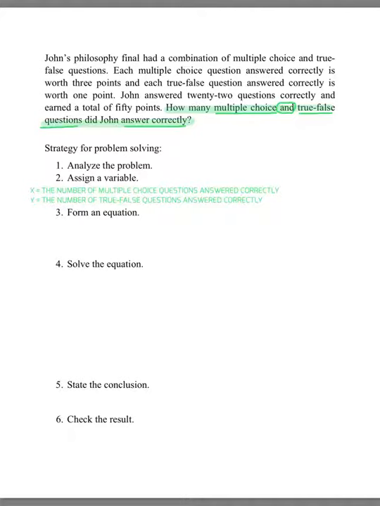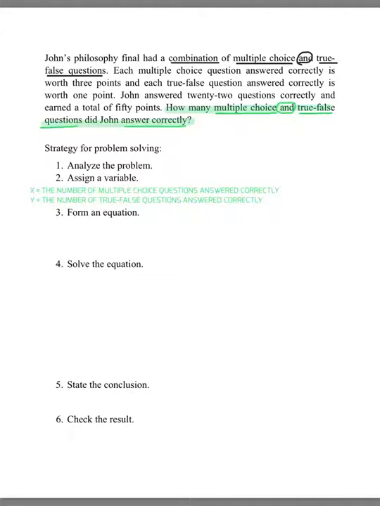Now that we have assigned the variables, let us go back to analyzing the problem. Just by the first line, we know that John took a philosophy final, and it had a combination of multiple choice and true-false questions. We also know that each multiple choice question answered correctly is worth 3 points, and each true-false question answered correctly is worth 1 point.